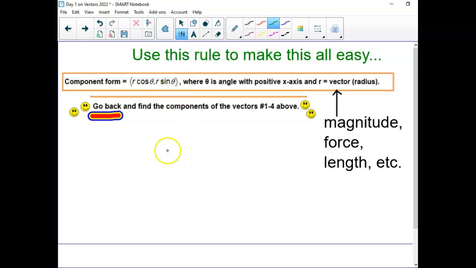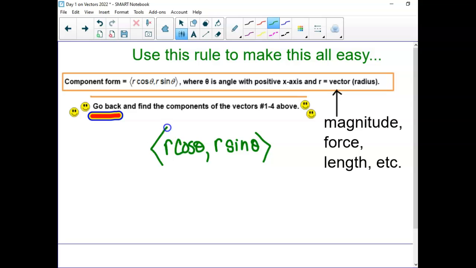Okay, so it's always the magnitude, which we're going to also call a radius eventually, times the cosine for the x. Does that make sense? Cosine is x. Does that sound familiar? And the length times the sine will give us the y component.